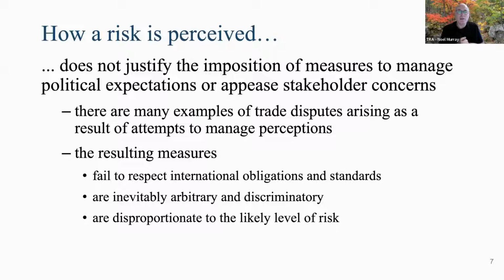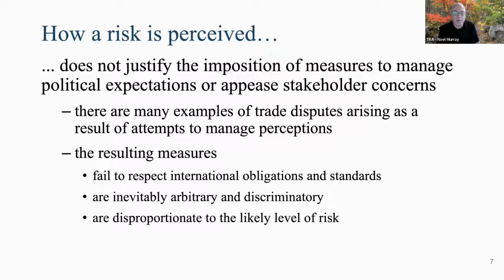Now, an example of that might be back in 2003, Canada discovered BSE or mad cow disease in a native-born animal in Canada, and immediately many countries ceased trade in beef and beef products with Canada. There was a gradual restoration of trade, and some countries like South Korea, for example, maintained a prohibition for many years.